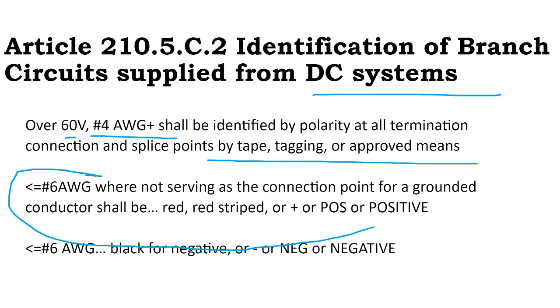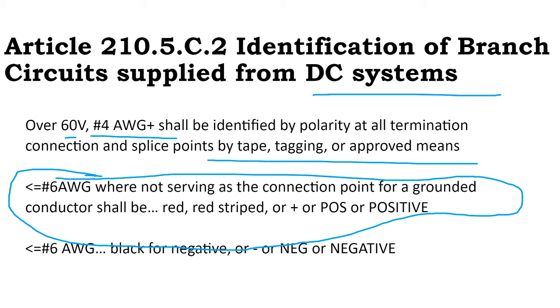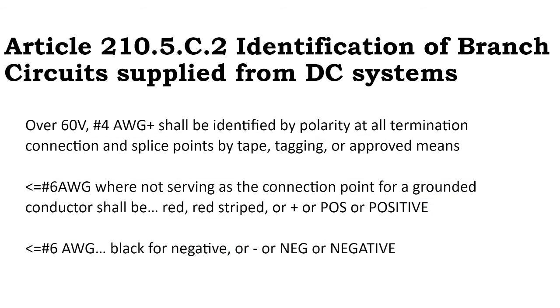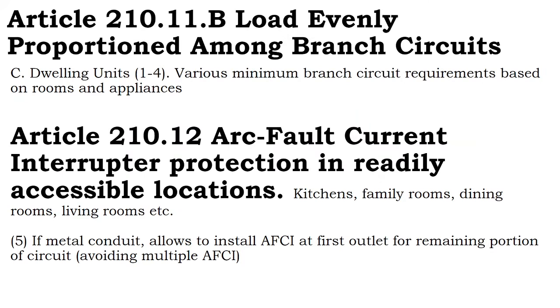So solar circuits that are under number 4 AWG that are not the grounding conductor, the positive should be red and the negative is black. Sometimes white.